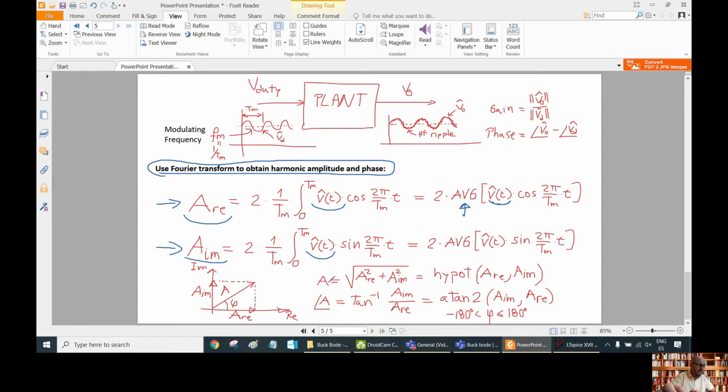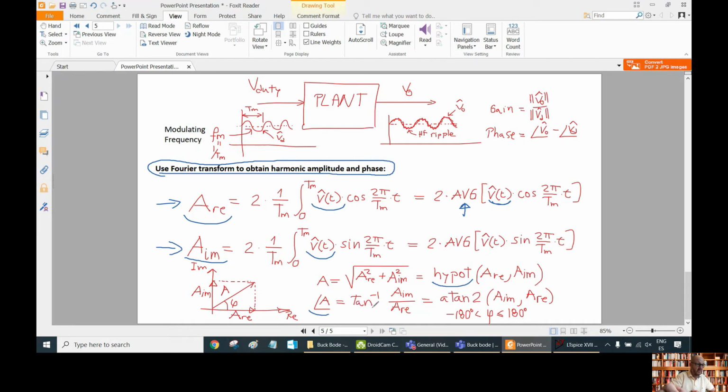We can implement this function directly in LTspice using the hypot function, the hypotenuse function. Then, in order to obtain the phase of the harmonic, we have to implement this function.